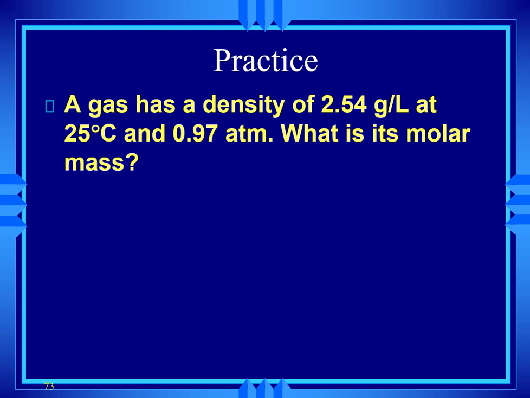A gas has a density of 2.54 grams per liter at 25 degrees Celsius and 0.97 atmospheres. What is its molar mass? I have a density, a temperature, which I know is 298 K, and a pressure, and they want molar mass.